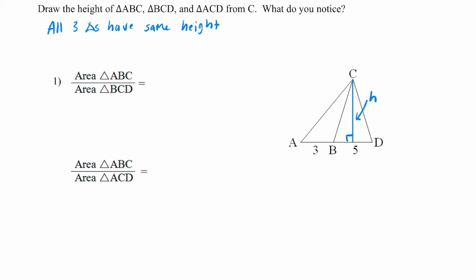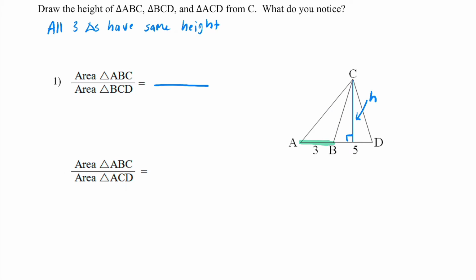Now, if we look at problem 1, it asks us to find the ratio, that's what our division sign means, of the area of triangle ABC to the area of triangle BCD. For triangle ABC, remember that the area formula is 1/2 base times height. Well, let's locate its base. Its base is the segment AB of length 3, and the height is h.